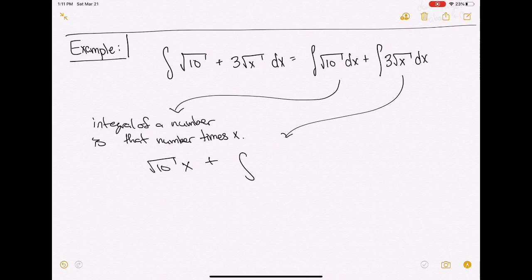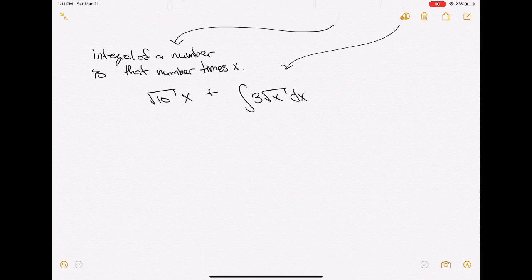This other piece seems a lot trickier. 3 times the square root of x dx. Well, I'm sure you're all thinking back to when you were working with derivatives, what the square root derivative was phrased as, and you'll remember that the square root derivative was really phrased as x to the 1/2 power.